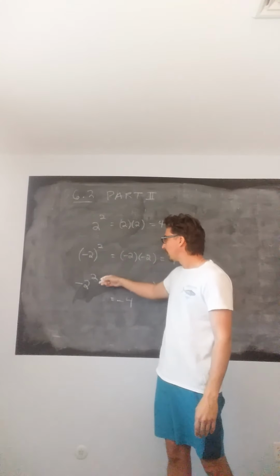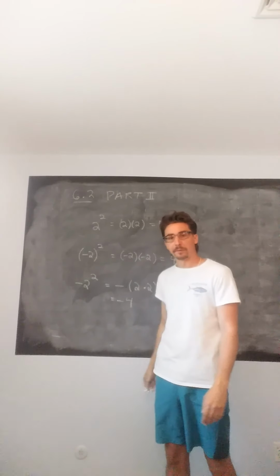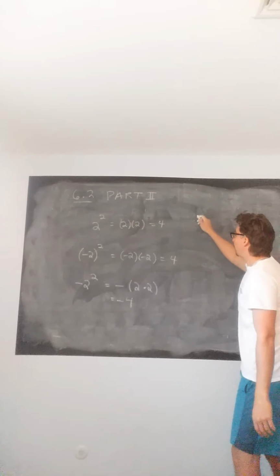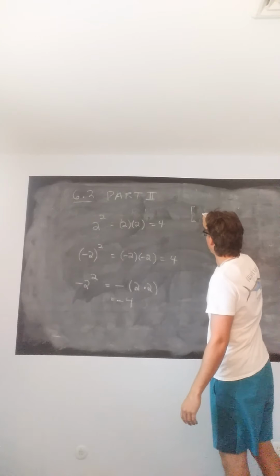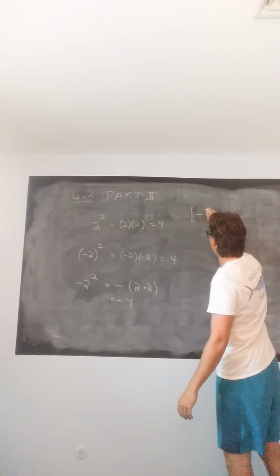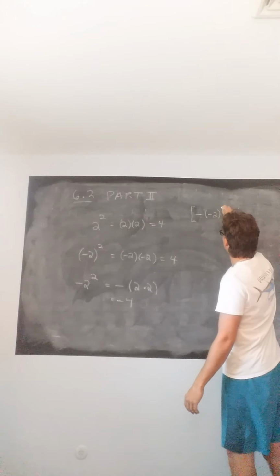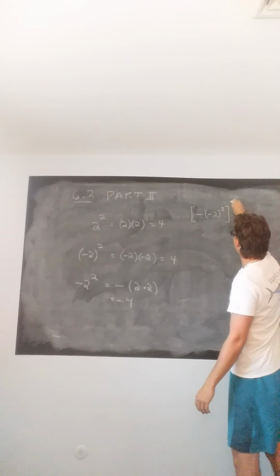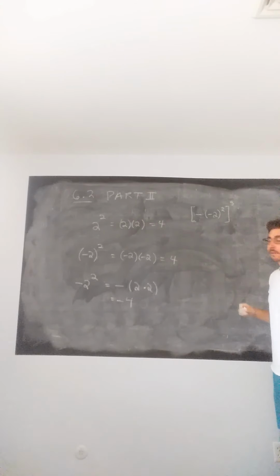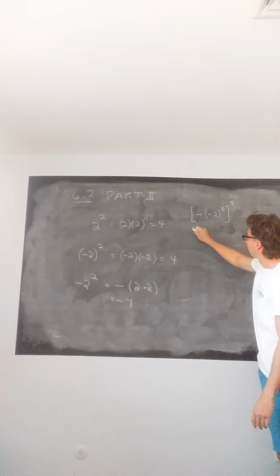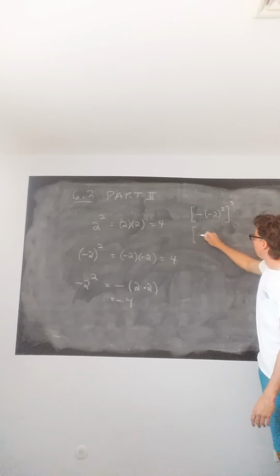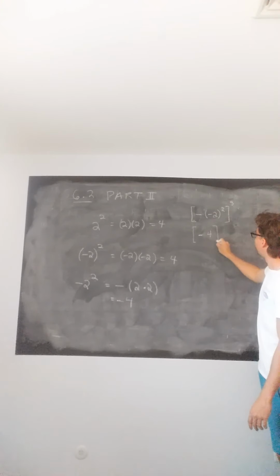There's a nice exercise in the textbook with parentheses. For example, maybe here's an expression I have. How about the opposite of negative 2 squared, and this is raised up to the 3rd power. You want to do everything inside this bracket first. So negative 2 squared written this way is positive 4.